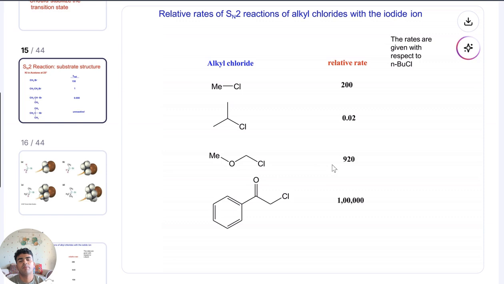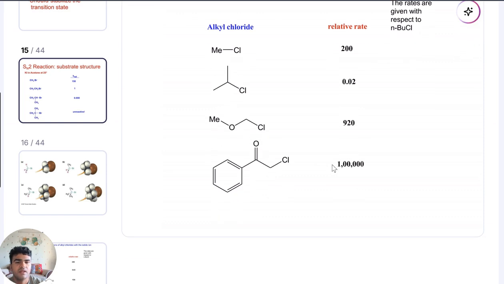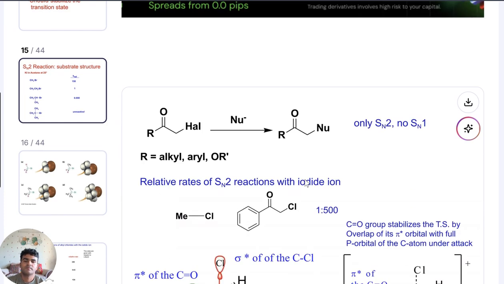So some overlapping happens, as well as in the fourth substrate, again the sp2 orbital, that is the pi star orbital, will overlap with the transition state, and that will stabilize the transition state. So that's why the rate increases very much.